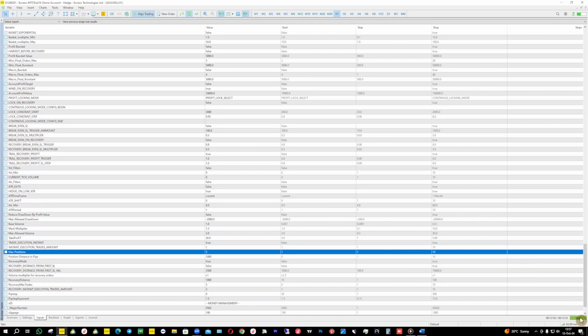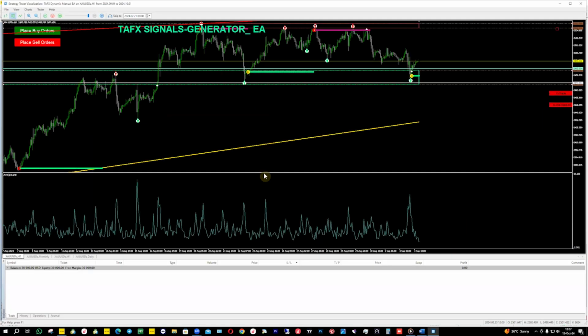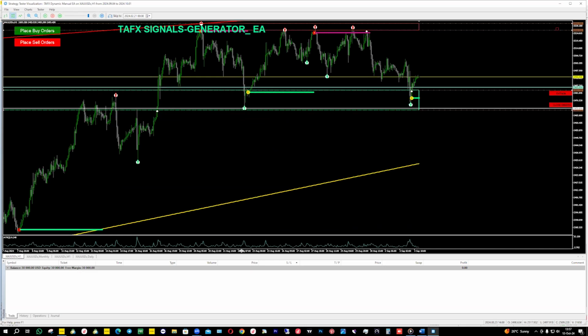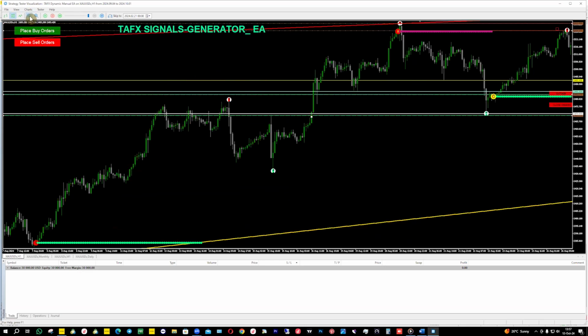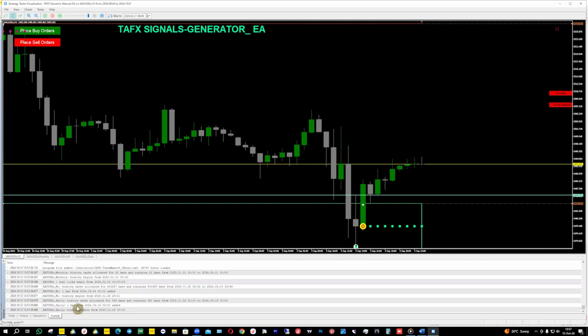So let's start here now and see what to do. Now, let's activate this point. We have a signal here, but we must wait for a signal to pop up here. You can see there is no signal. It must appear here.